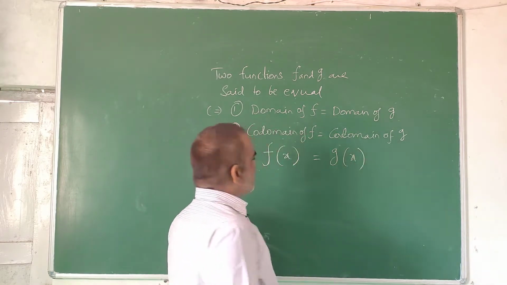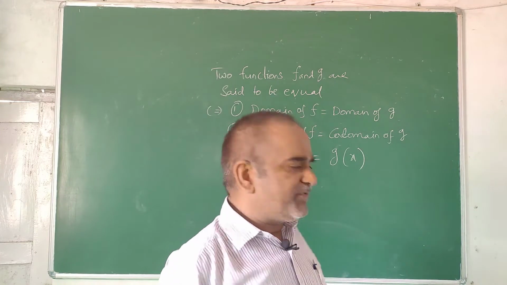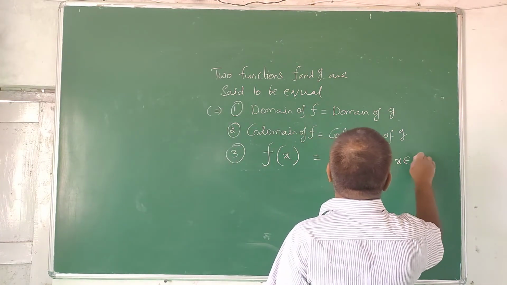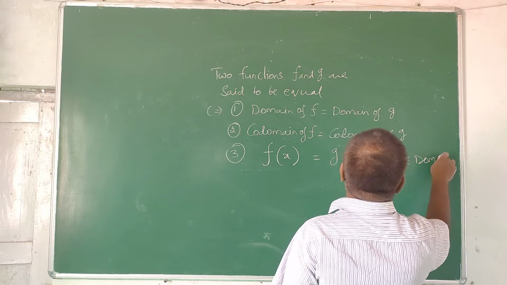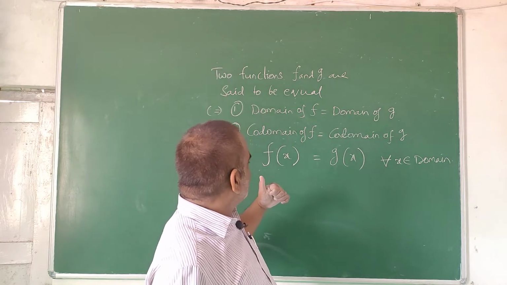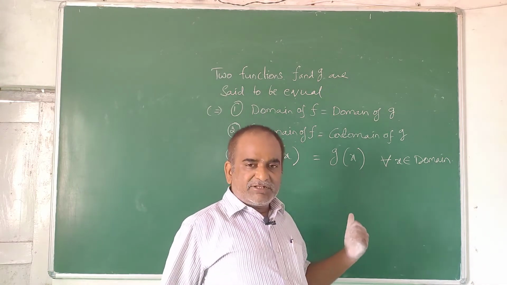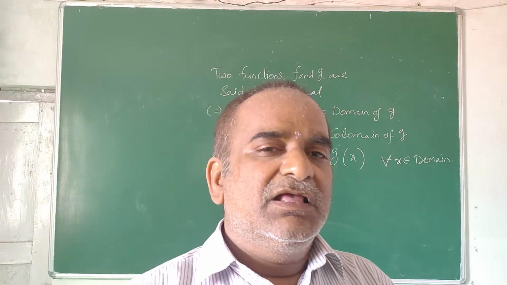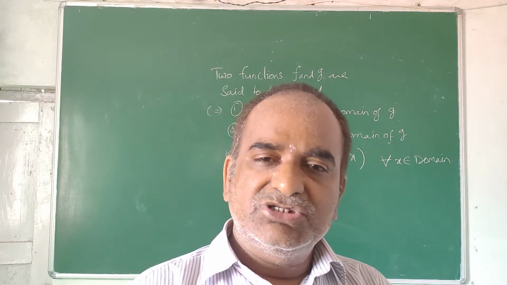That means f of x should be equal to g of x for all x belongs to their domain. So for each and every point in the domain of the functions f and g, whichever value the function f takes, the same value the function g should take.